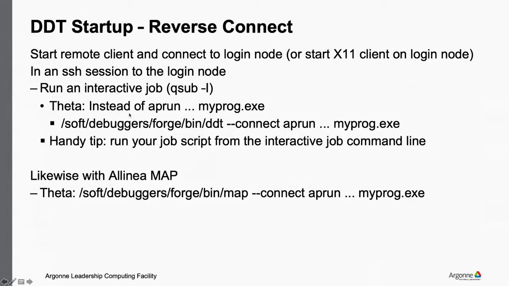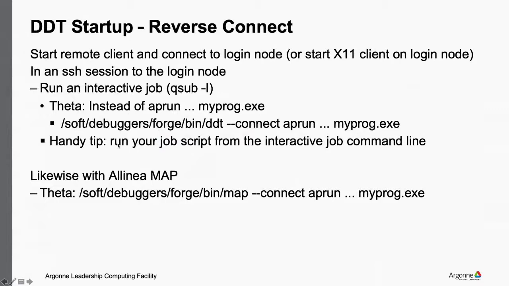So instead of doing the app run, prefix that line with soft debuggers forge bin DDT --connect, and then app run. And the rest of the app run line exactly the way you're doing it now. So just prefix this stuff, then run it. Then do that command.